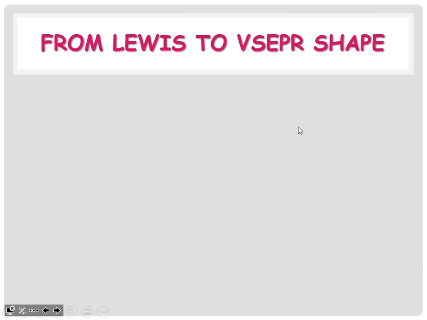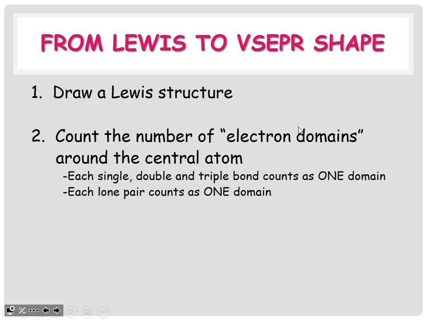So how do we go from Lewis to VSEPR shape? How do we go from a Lewis structure to the shape in VSEPR? Well, we draw the Lewis structure, and then we count the number of electron domains. Now, it says here the domains are only around the central atom.